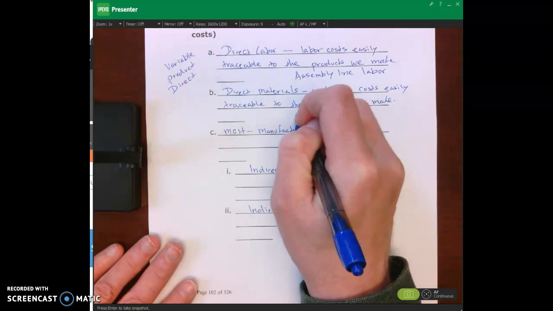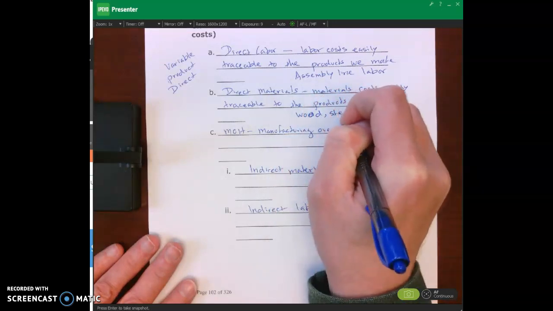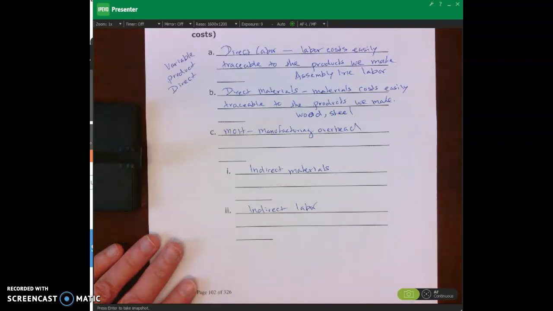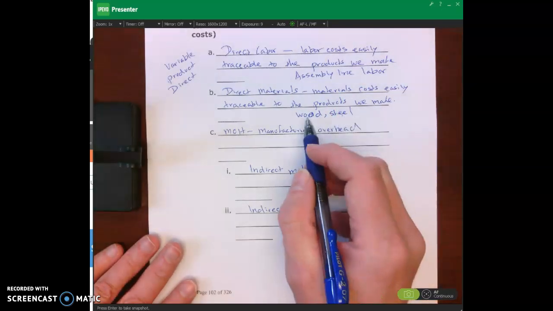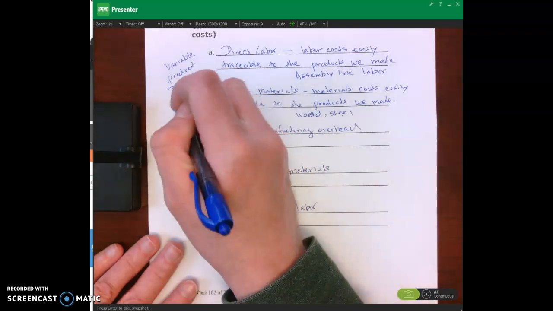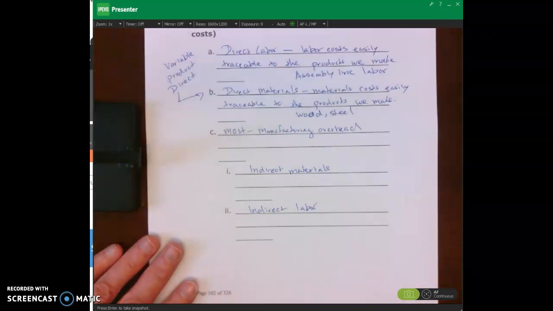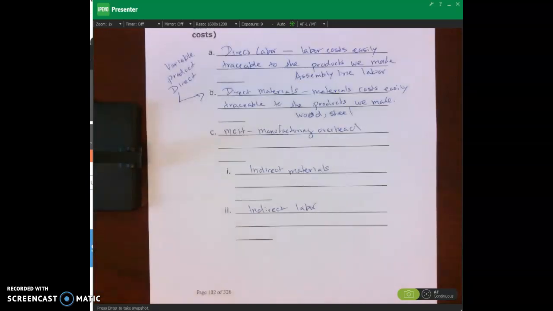So think about wood or steel, for example. If we are a shipbuilder, the steel. If we make a table, the wood would be an example. And so similar to direct labor, direct materials is also a variable product direct cost.